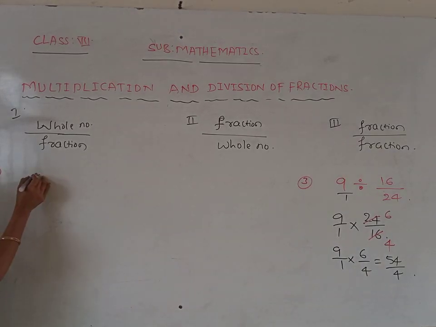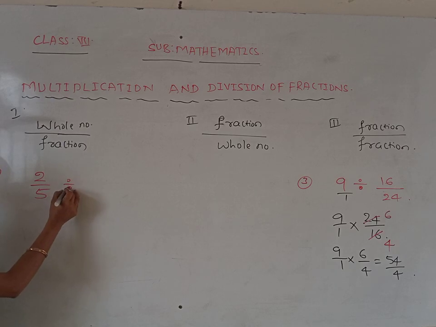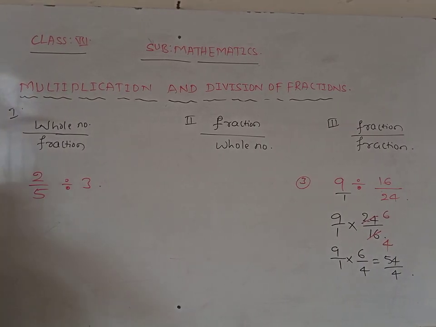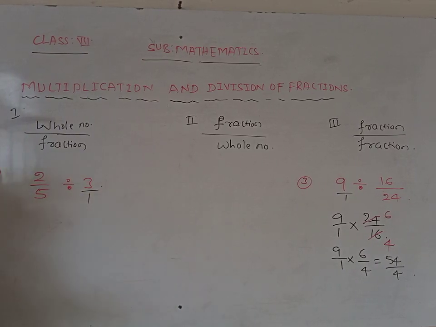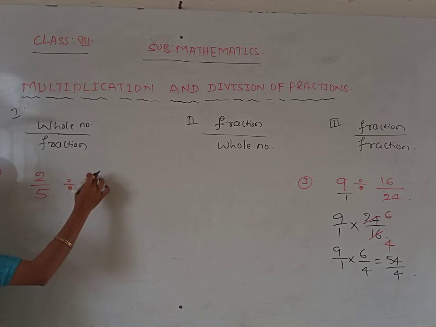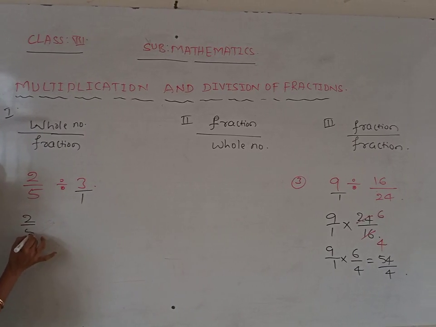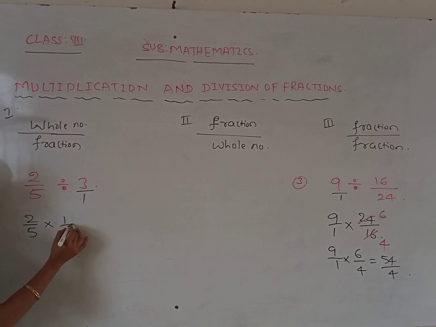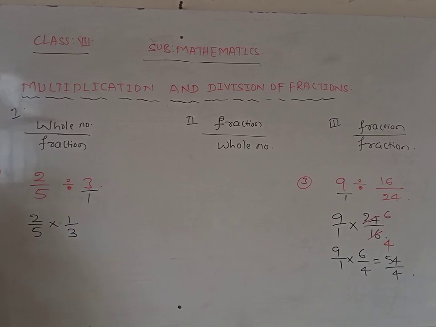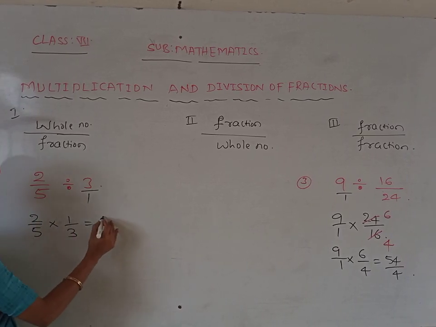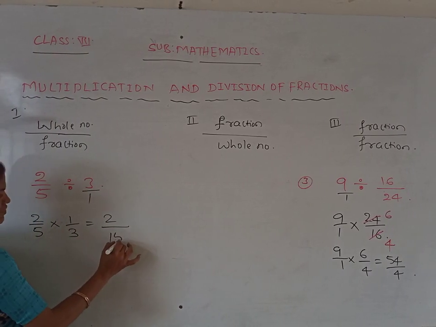Now I will take 2 by 5 divided by 3. Here there is a 3, which is always divisible by 1. Keep the first fraction 2 by 5 divided by 3 by 1, one fraction by another fraction. 2 by 5 keep as it is, multiplied by the reciprocal of the second fraction. Is there any common factor? No. 2 ones are 2, 5 threes are 15.